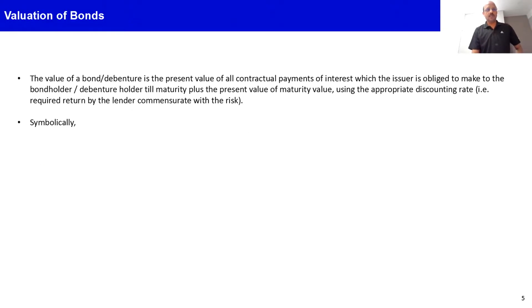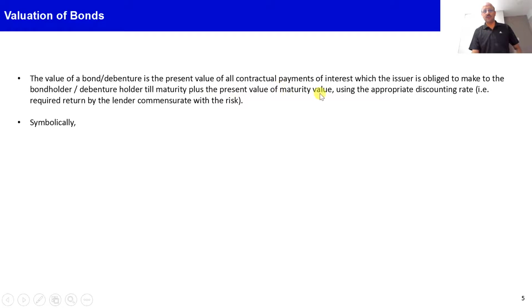Now let's understand the bond valuation. Bond or debenture value is equal to the present value of all future contractual payments which the bondholder or debenture holder is likely to receive from the bond issuer over the period of its holding, plus, that becomes your present value of interest received, plus he will also get the principal amount, or the face value or par value of the bond, at the time of maturity.